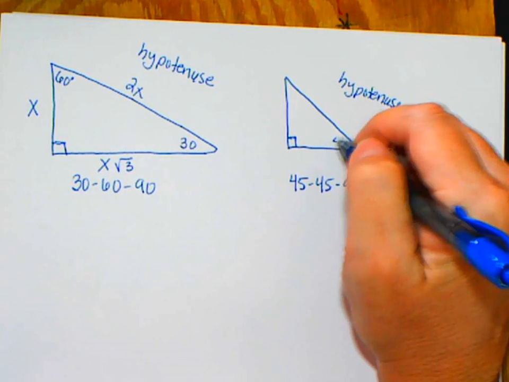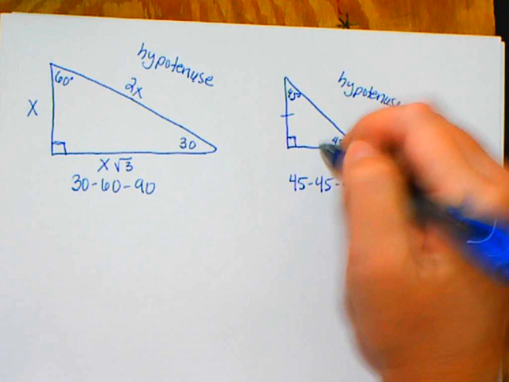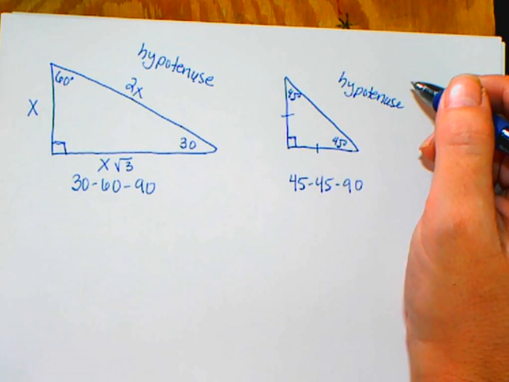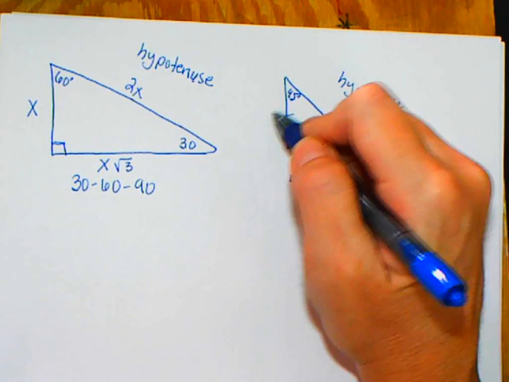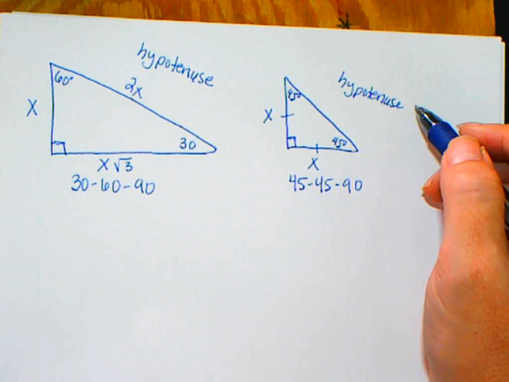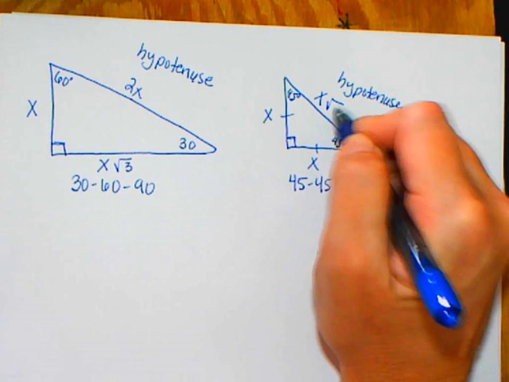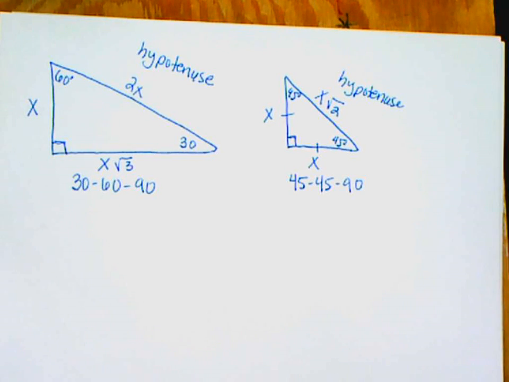The other two angles are both 45 degrees. So the sides directly across from each of those angles are going to be equal because their angles are equal to each other. So those sides we call x. And if I want to know the length of the hypotenuse, I just take the length of the side and multiply it by the square root of 2. Right on?